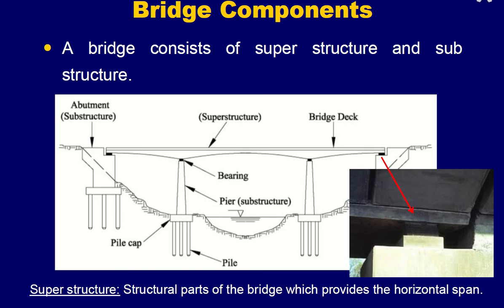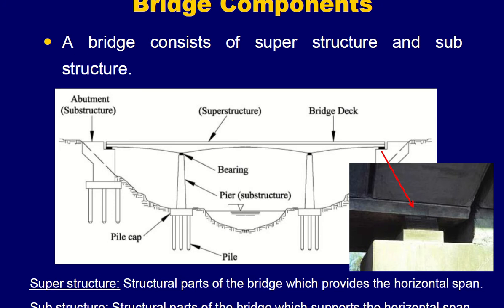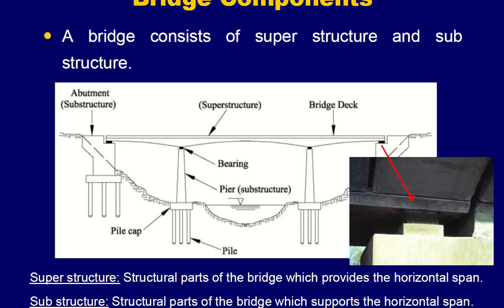These are some of the basic components of a bridge. A bridge consists of superstructure and substructure. And what are superstructure and substructures? You can see that superstructure are the structural parts of the bridge which provides the horizontal span. Okay. Substructure are the structural parts of the bridge which supports the horizontal span. So over here, this is your superstructure, right?